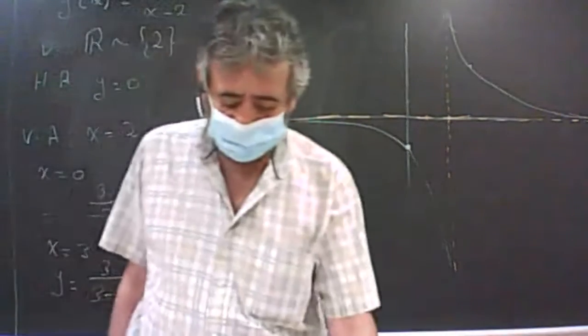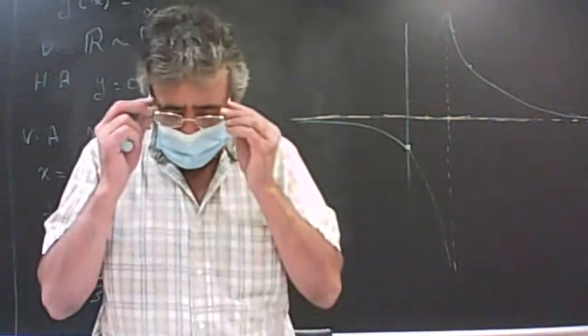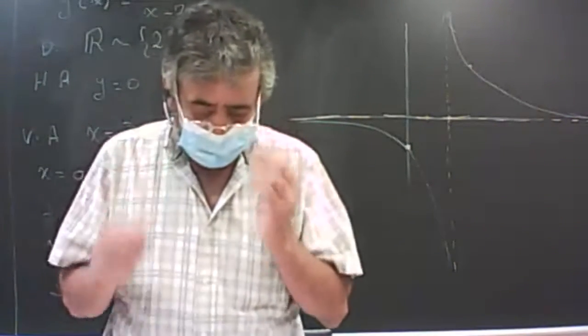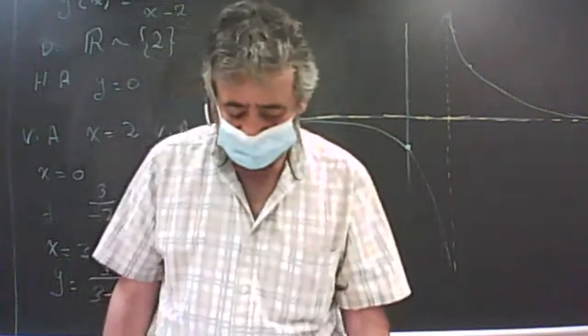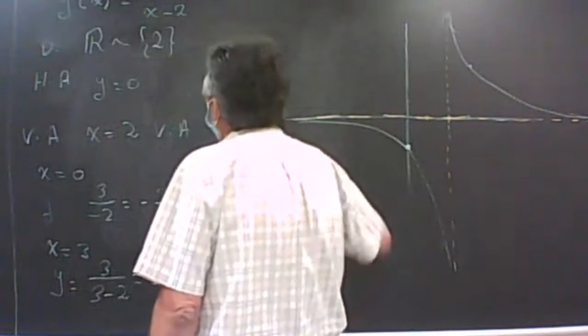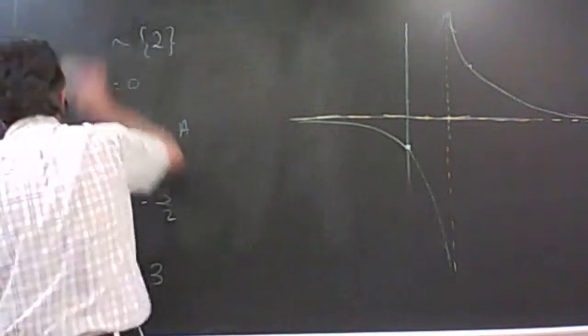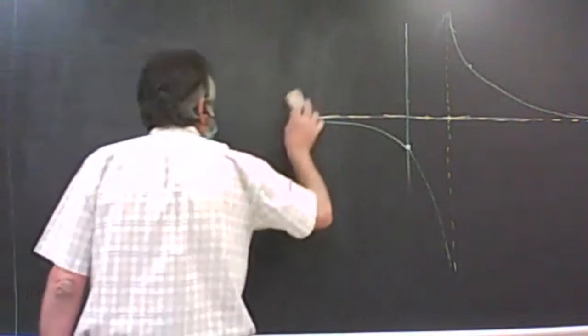Let's do another graph. It says sketch the graph 2x minus 1 over x. Two x minus 1 over x.